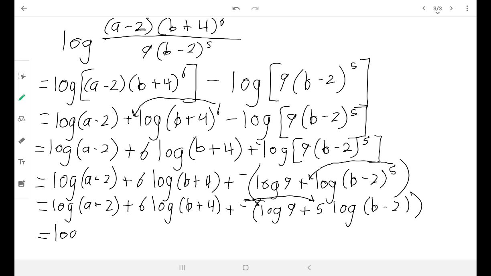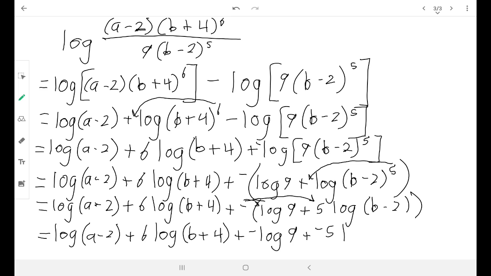So that'll be the common log of a minus 2 plus 6 times the common log of the quantity b plus 4 plus negative common log of 9 plus negative 5 common log of the quantity b minus 2.